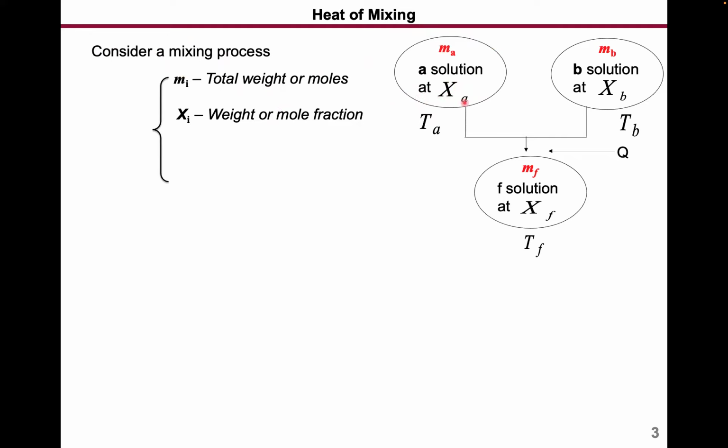Let's say your solution contains water and a specific salt, and this solution contains XA molar fraction of salt, okay? And then MA is the mass of this solution. Let's say the solution is at temperature TA, okay?